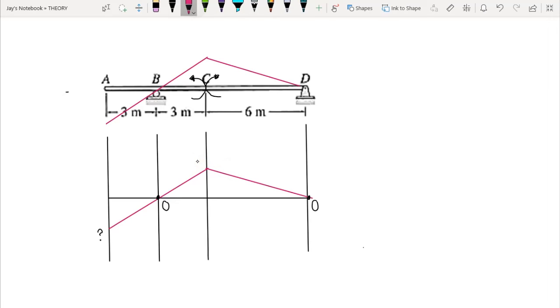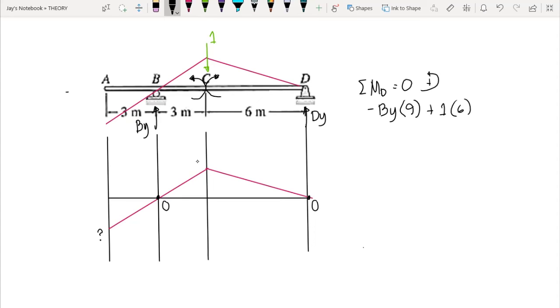So if we put our 1 unit load at C, we can compute the reactions at dy and by. We have summation of moment at D equal to 0, counterclockwise positive. So we have by, this is negative, times 9, plus 1 times 6 is equal to 0.